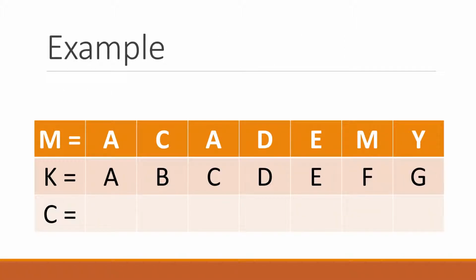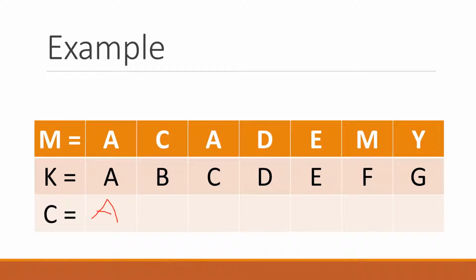Let's do a concrete example. So our M is Academy, and our key is A through G. So in order to encrypt the message M, let's start with the very first letter. So M is A, K is A. So we're going to shift the letter A by 0.